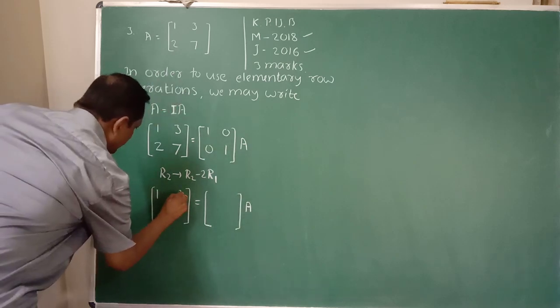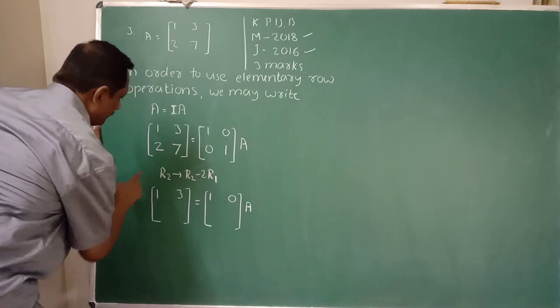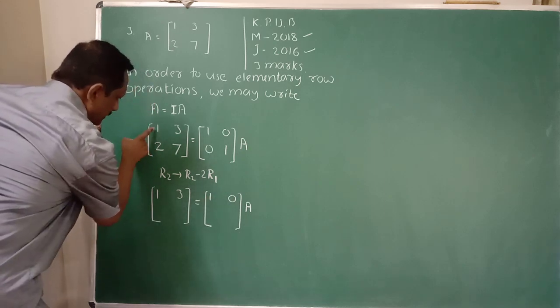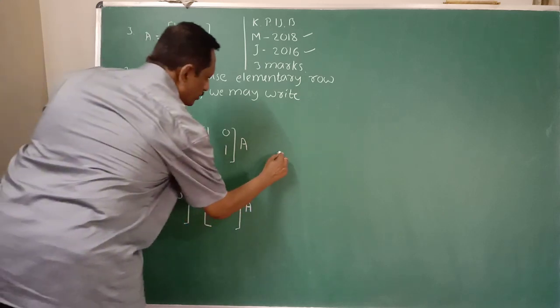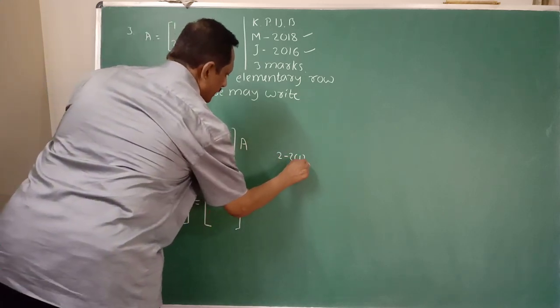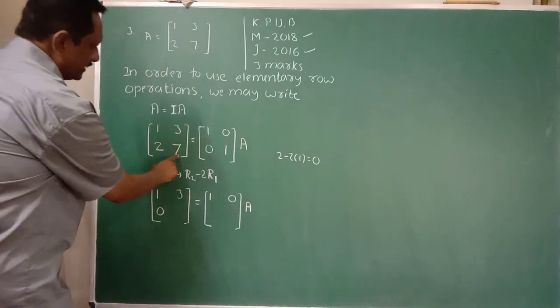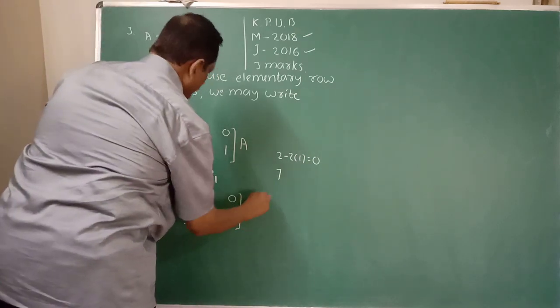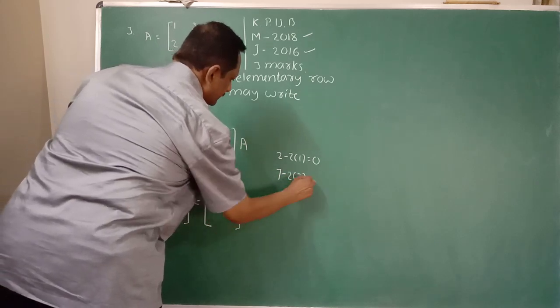Here matrix A. So right here A. The first row elements are 1, 3 and 1, 0. Multiply here by 2 and subtract, it becomes a 0. So 2 minus 2 into 1 becomes a 0. Then 7 minus 2 into 3, 7 minus 6 becomes 1.